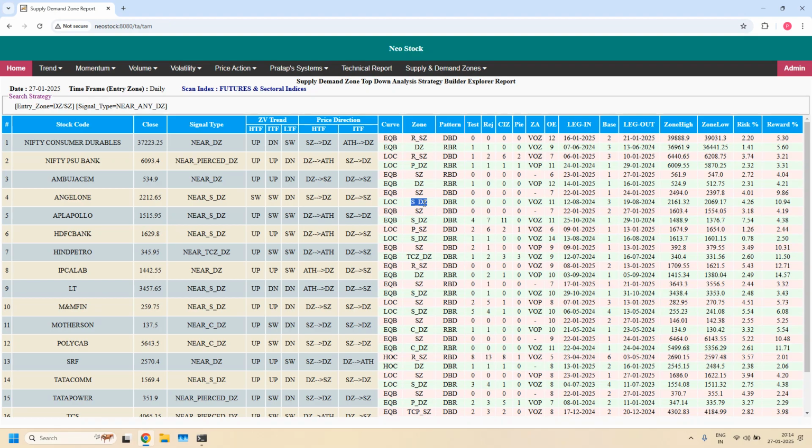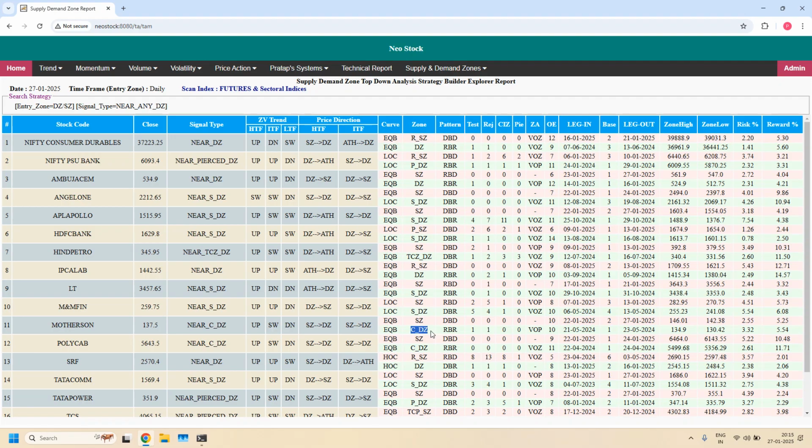Angel 1 is having a high liquidity daily demand zone. Apollo is having a high liquidity daily demand zone. HDFC Bank is having a high liquidity zone. L&T is having a high liquidity demand zone. M&M Finance is having a high liquidity demand zone.